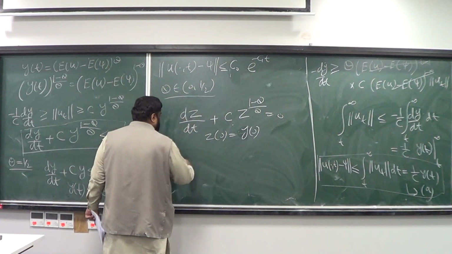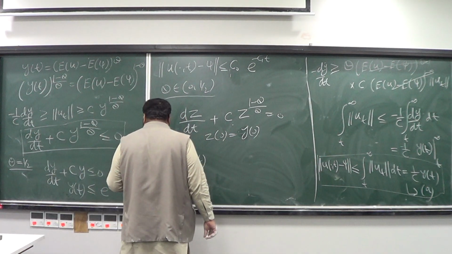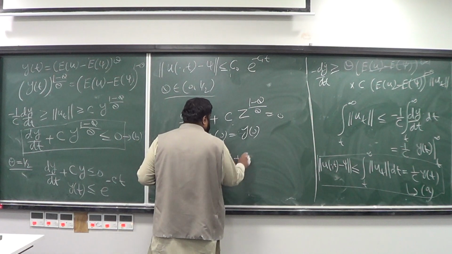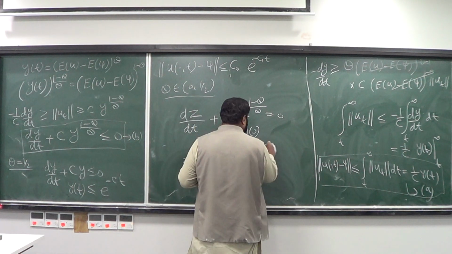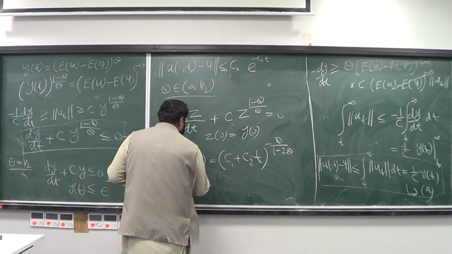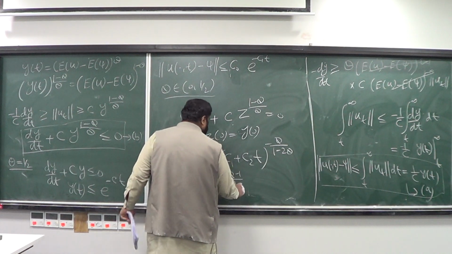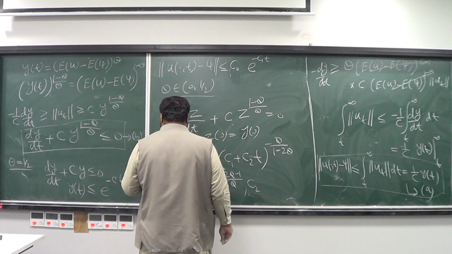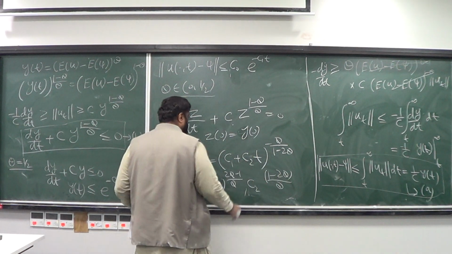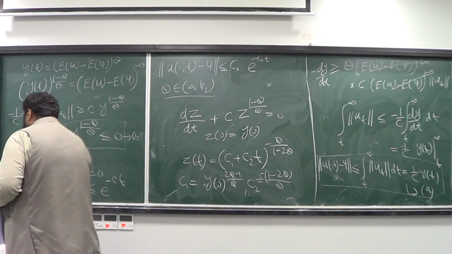After solving it, the solution z of t that you get is c1 plus c2 times t power minus theta over 1 minus 2 theta, where the constant c1 is y of 0 power 2 theta minus theta, and the constant c2 is c times 1 minus 2 theta upon theta. So this is my solution of this differential equation.